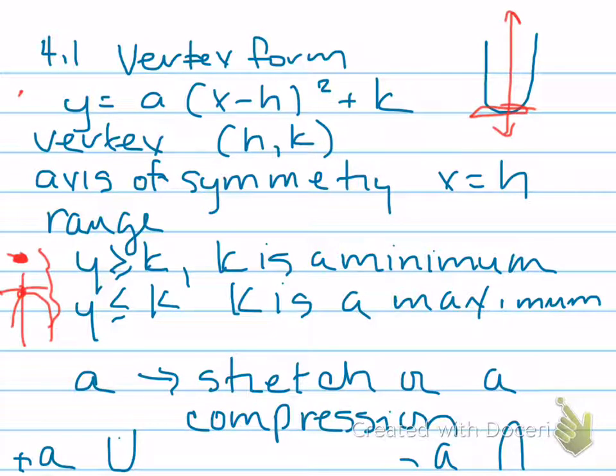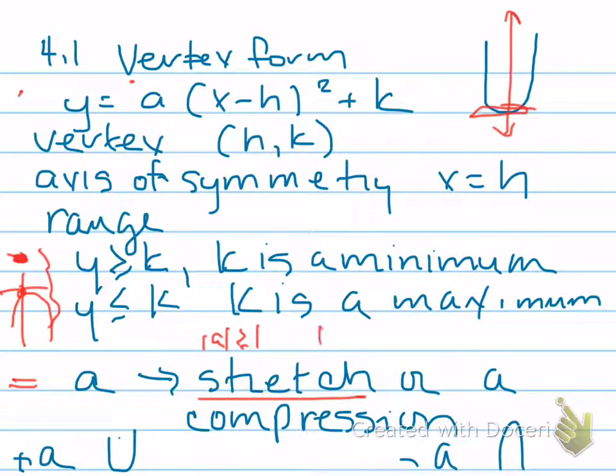We learned that a, our very first coefficient up here, is simply going to tell us if we're going to have a stretch or a compression. Remember, if the absolute value of a is greater than or equal to 1, then you're going to have a stretch.